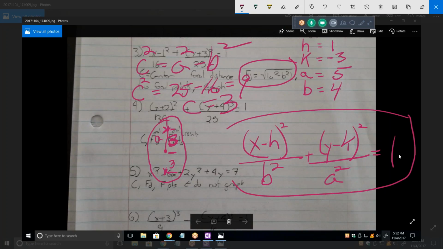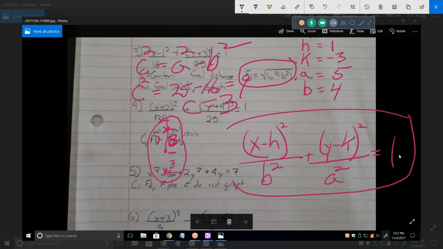As complicated as that looks, that's my C squared equals A squared minus B squared. I don't like the fact that she put absolute values around that. The reason I don't like it is because they're not needed.